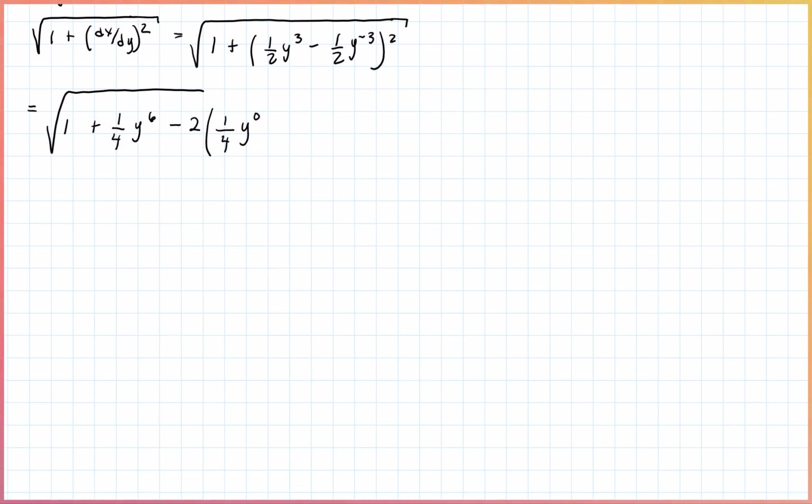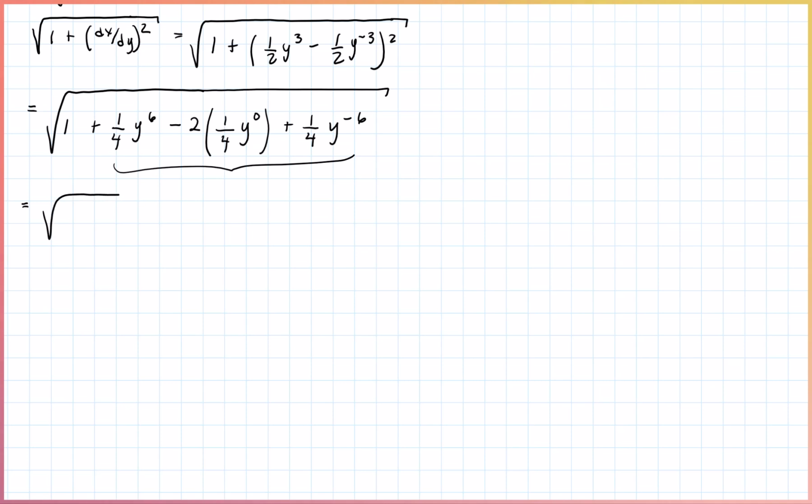So when we multiply those two together, we get 1/4, I already put the negative out in front, we get 1/4 y to the 0, because y to the 3rd times y to the -3rd becomes y to the 0, and then I get 1/4 y to the -6th. So going through that all, that was the expansion of that binomial squared, and I'm going to continue to simplify.